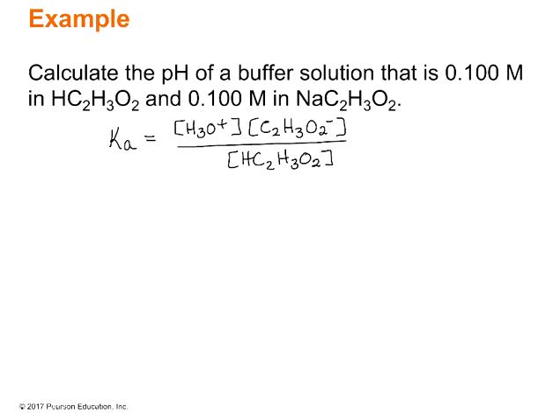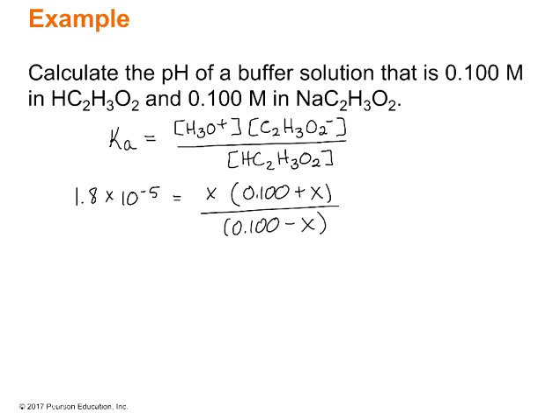And if we look in the back of our textbook, it tells us that the acid ionization constant is 1.8 times 10 to the negative fifth. And then we'll plug in our equilibrium expressions for each of these concentrations. So the hydronium ion was x, the acetate ion was 0.1 plus x, and we'll divide that by 0.1 minus x.